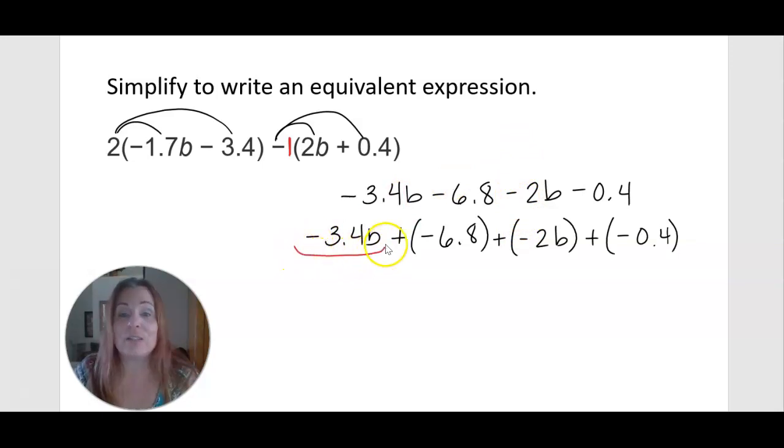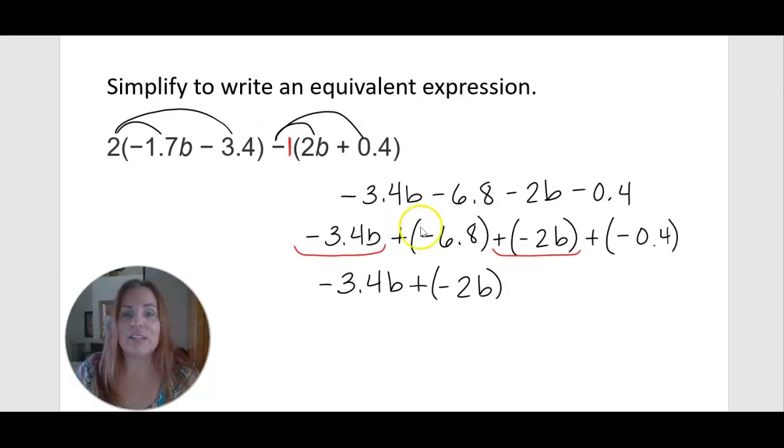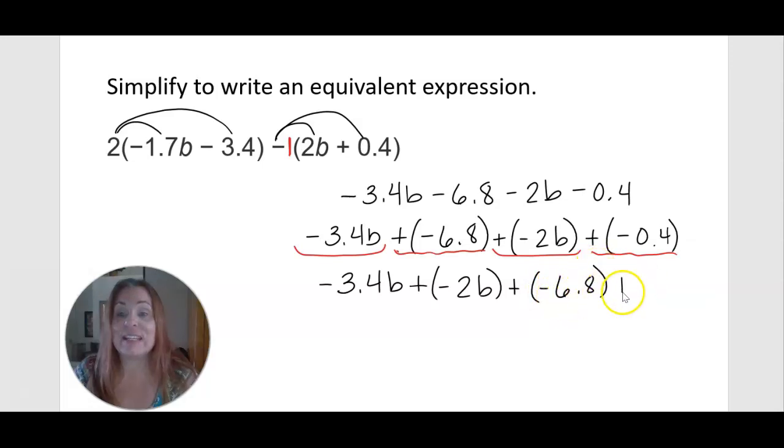So I've got this b term and this b term, so I'm going to put those next to each other: -3.4b and a -2b. And then I've got this constant and this constant, so I'm going to put them next to each other. So I've got a -6.8 and a -0.4.